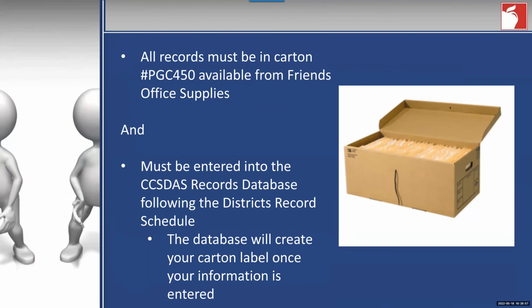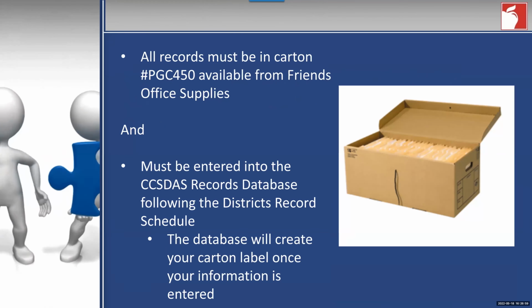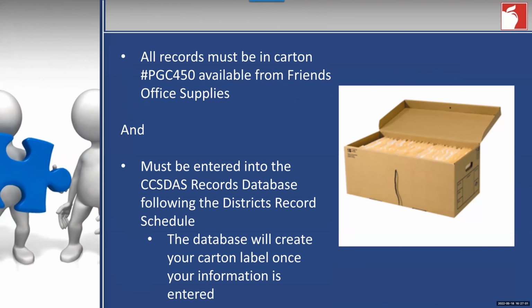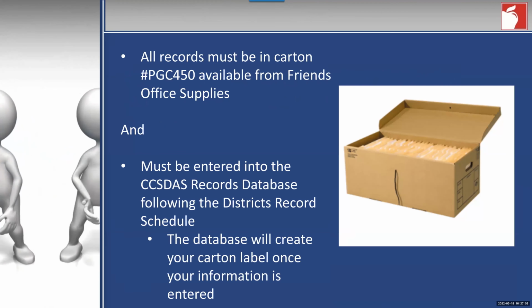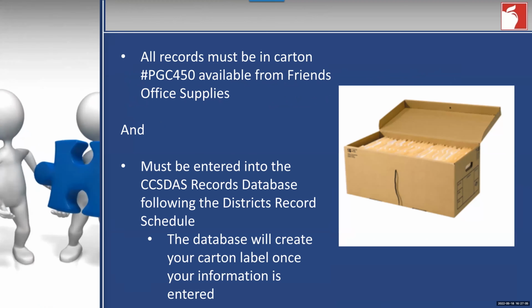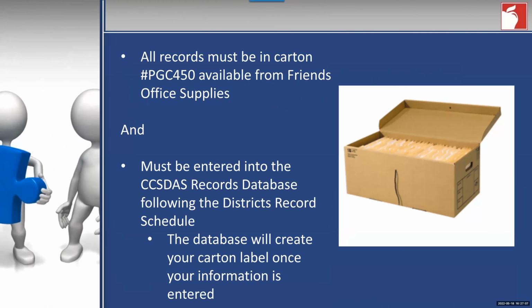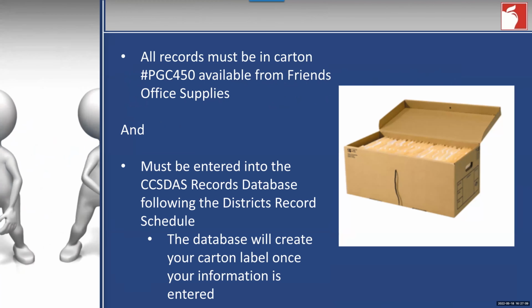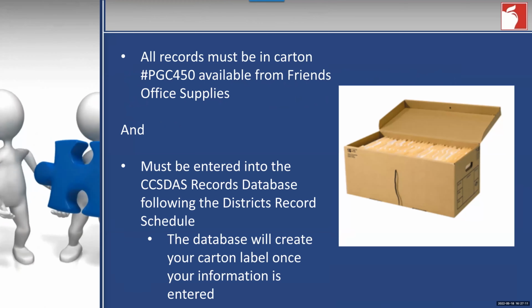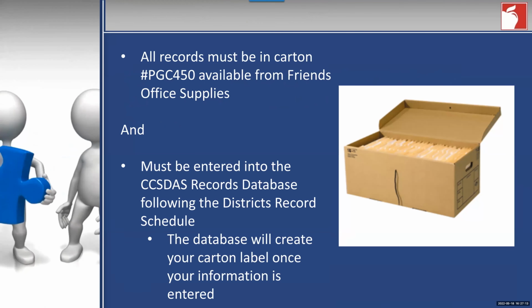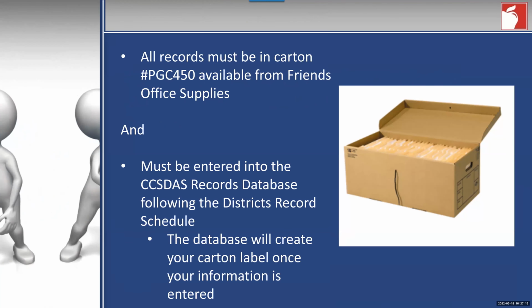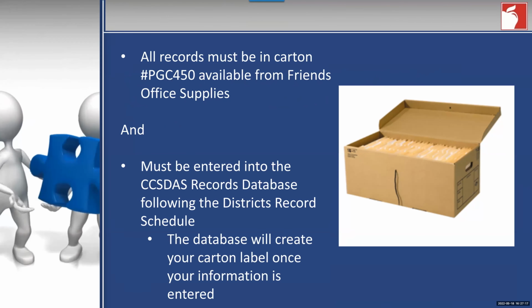To send them to us in the warehouse, you must use the carton that is listed, the PGC 450, available for friends. We have adopted this carton because it is double walled and can stand up to years, if not decades of use. Sometimes these records get moved around multiple times as we're pulling other boxes.